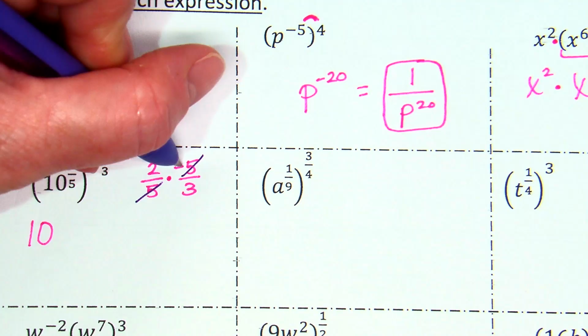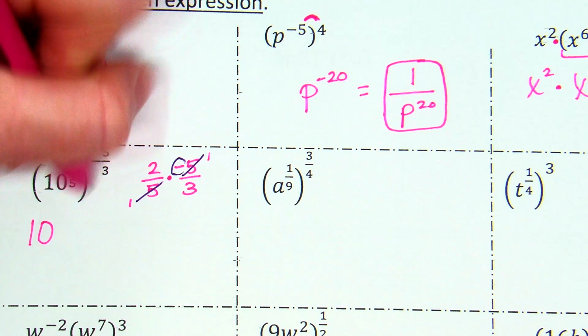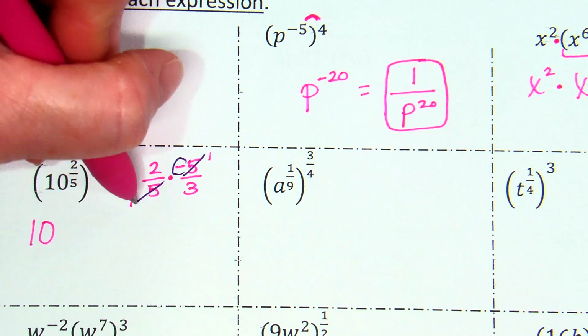Okay. The 2 and 3 have to stay, don't they? So, what's going to happen when we multiply? And I guess I should say when these 5s cancel, those are 1s, aren't they? So 2 times 1 is going to be 2, or I guess I should say 2 times -1 should be -2. 1 times 3? 3.